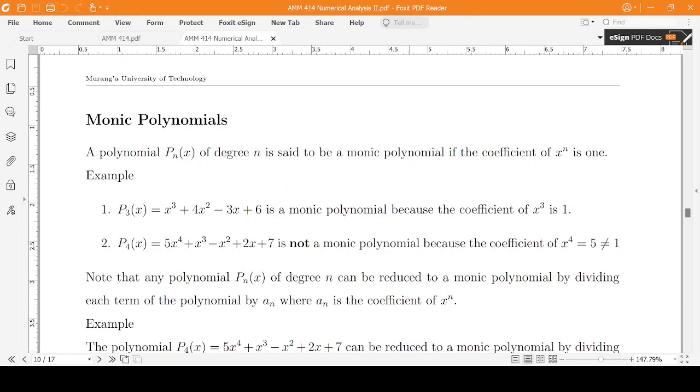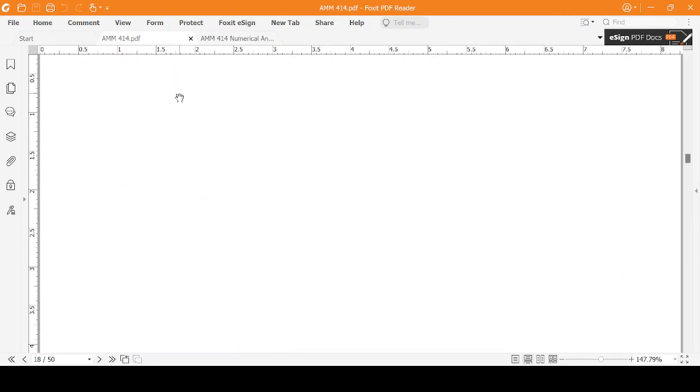Now, note that any polynomial Pn of x of any degree n can be converted into a monic polynomial by dividing the polynomial by the coefficient of the leading term.